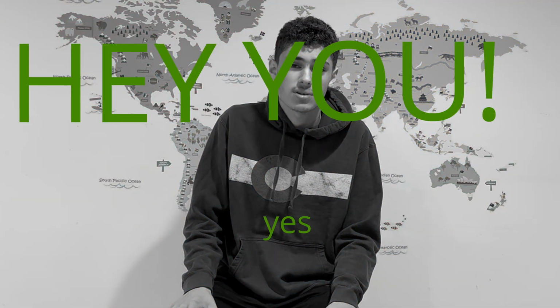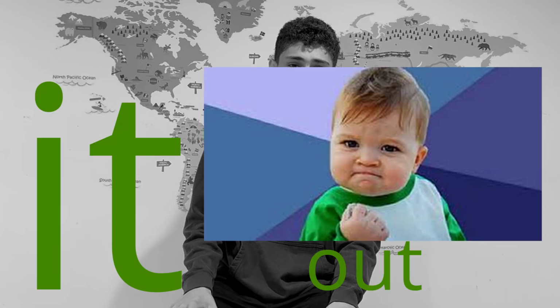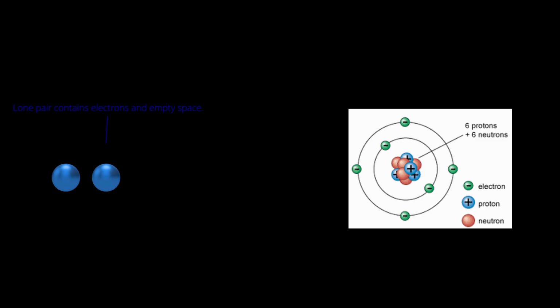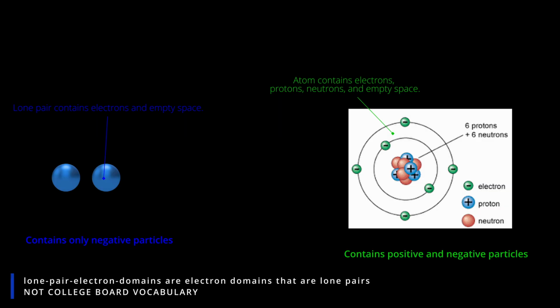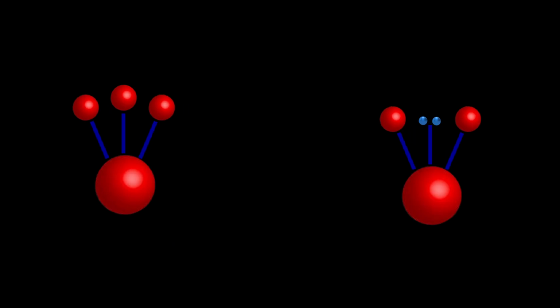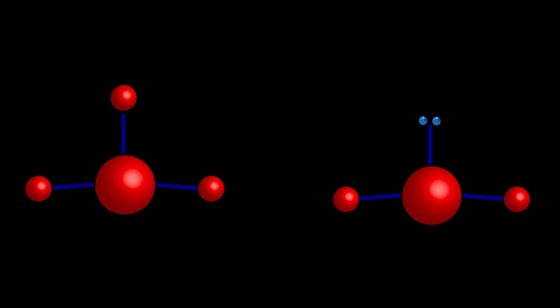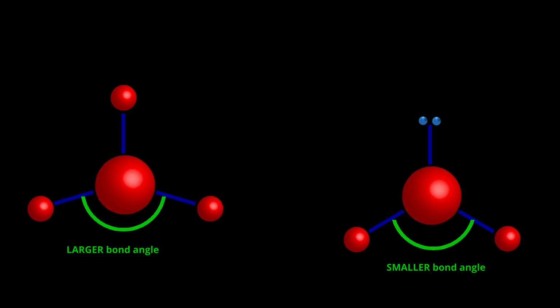Hey you, yes you watching. Pause the video and figure it out. Well, let's see. A lone pair has a higher electron density than a regular atom, meaning the lone pair electron domain has a greater negative charge than an atom electron domain, which means the lone pair electron domain will have a greater repulsive force, pushing the atom electron domains closer together.